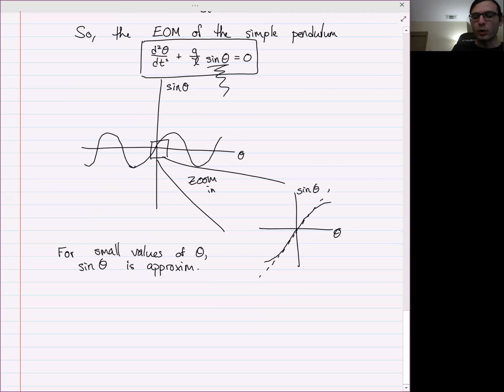And if we could show exactly what the constant of proportionality is, then we could just replace sine of theta with a theta, right? Or with k theta, or with m theta, or whatever it is. And then we could solve it using the same tools that we used for the simple harmonic oscillator, because a linear function means that it's just a number times the variable, theta in this case.